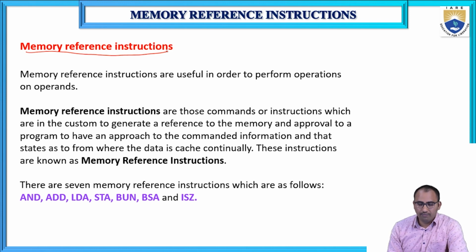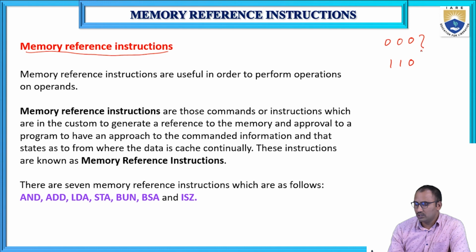The memory reference instruction. The opcode bits from 000 to 110 are called memory reference instructions. Memory reference instructions are useful to perform operations on operands, and those operands are stored in the memory.